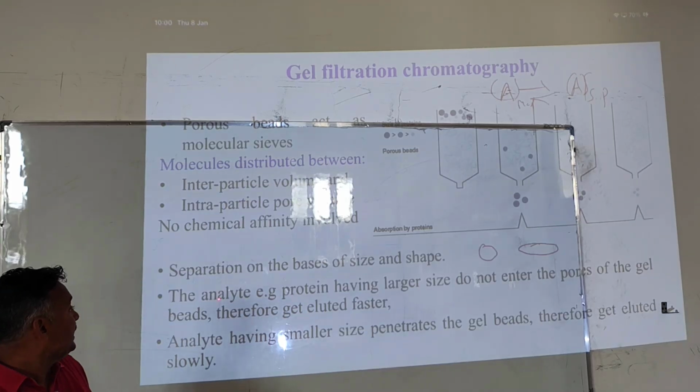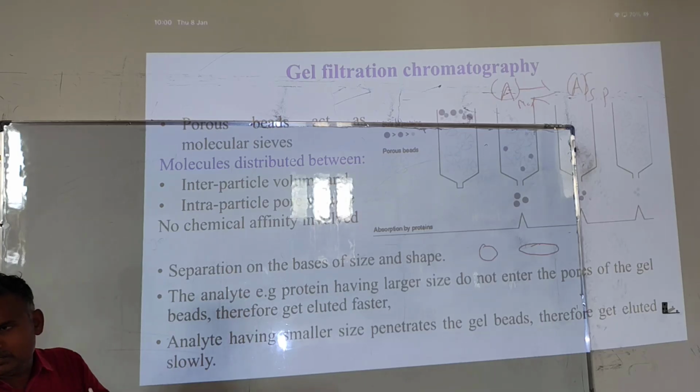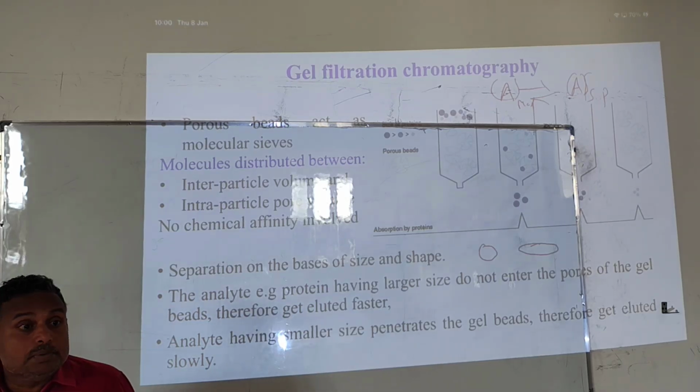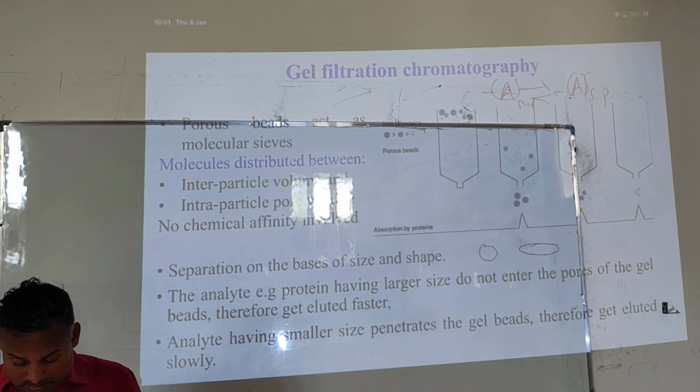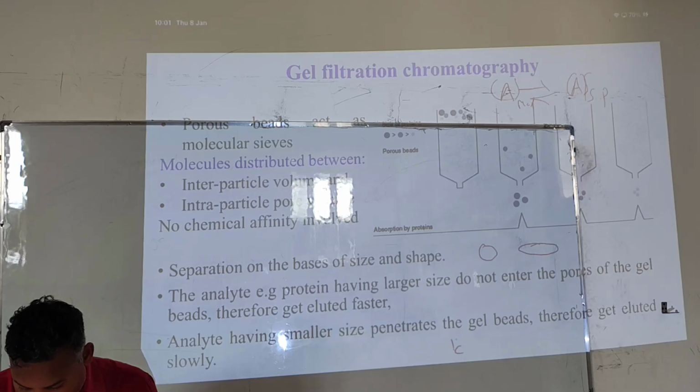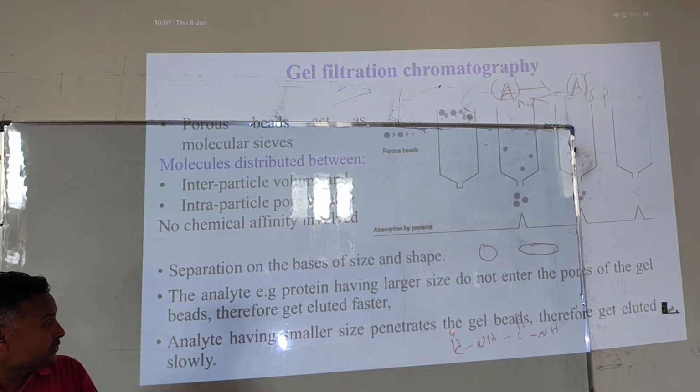Analytical example: proteins having larger size do not enter the pores of the gel, therefore get eluted faster. It is the same because proteins are large size molecules. Protein is a polymer. We can also call it a polypeptide, because in protein there are a lot of CO and NH bonds.